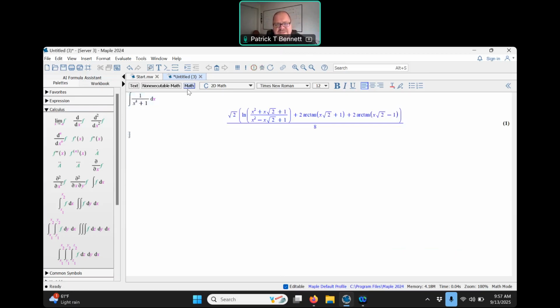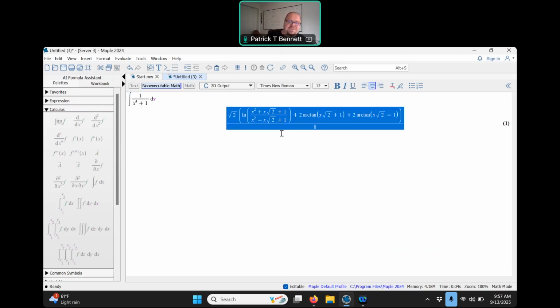Let's see what it tells me. Just looking at what the answer is, this is confirmation that we would not want to do this by hand. The factorization of this polynomial, as innocent as this polynomial appears to be, is quite nasty. It's actually this times this.